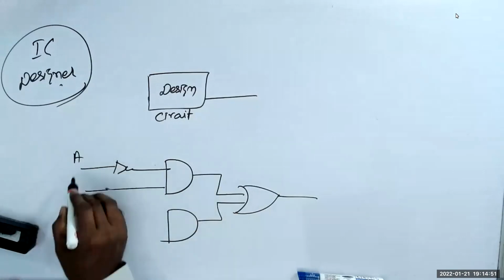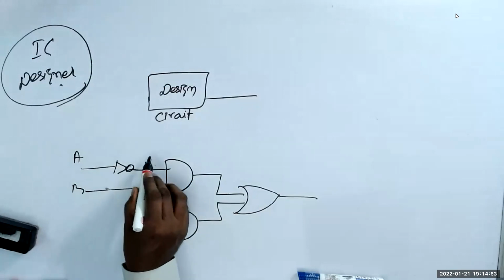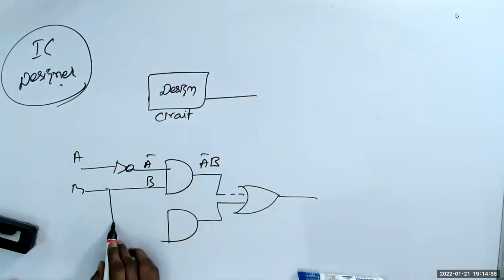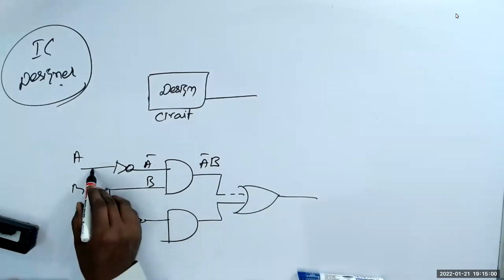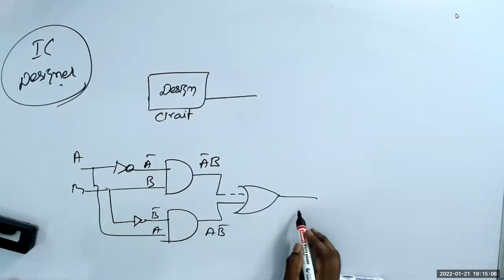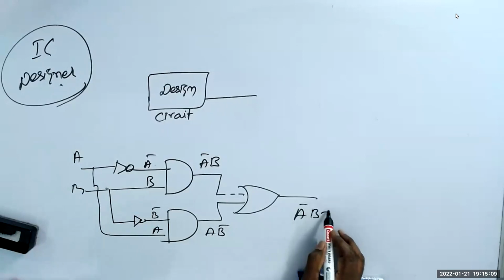A, B. This is a NOT gate: A bar, B. This is A bar B. And this is B bar A. This is A B bar. This is A bar B plus B bar A.